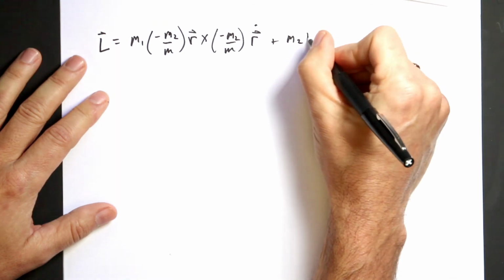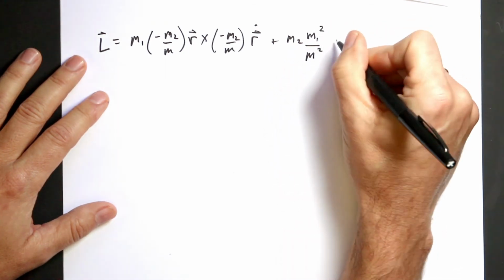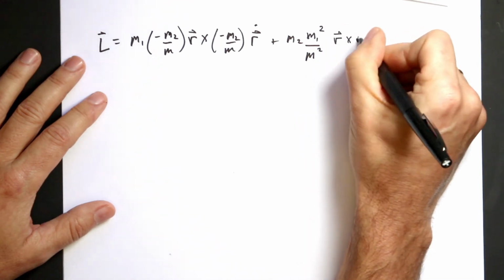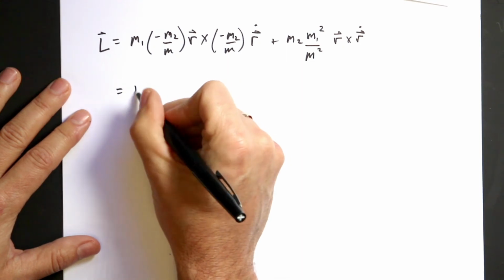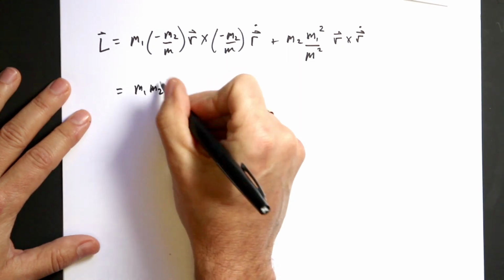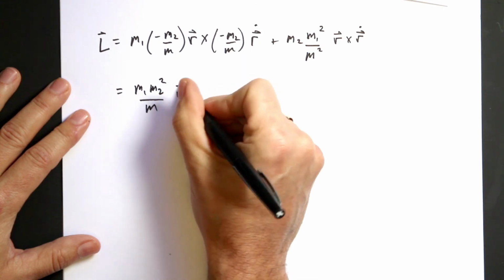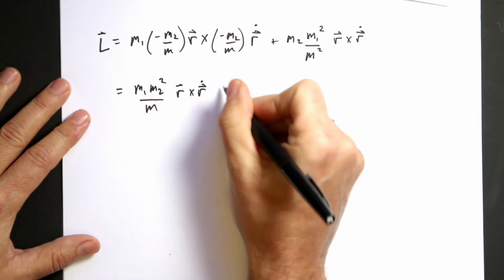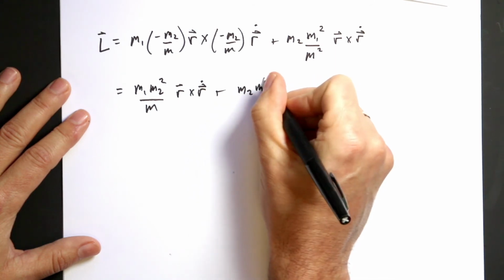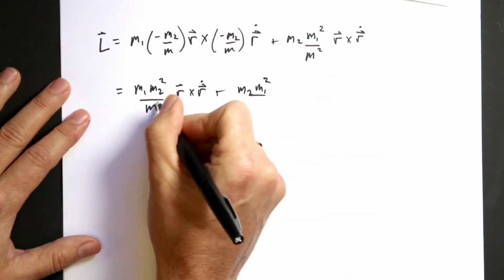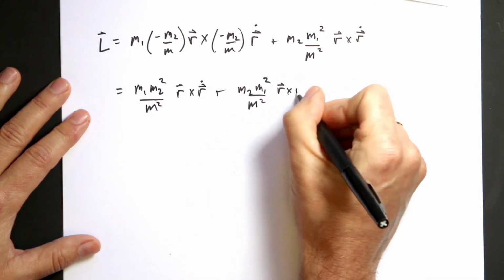So I get M2 M1 squared over M squared R cross R dot. So this is equal to M1 M2 squared over M squared R cross R dot plus M2 M1 squared over M squared R cross R dot.